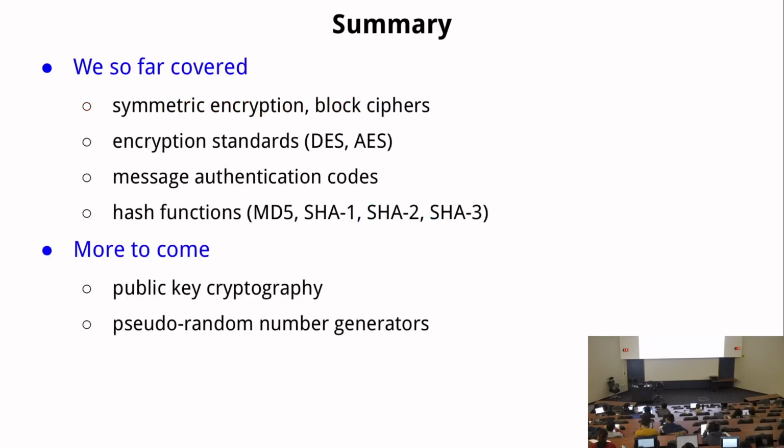Okay, so far we covered symmetric key encryption and block ciphers. We looked at two particular algorithms, DES and AES. We looked at MAC and hash functions. Next, we're going to talk about public key crypto. After that, we can move to system and network security and even a little bit of usable security.